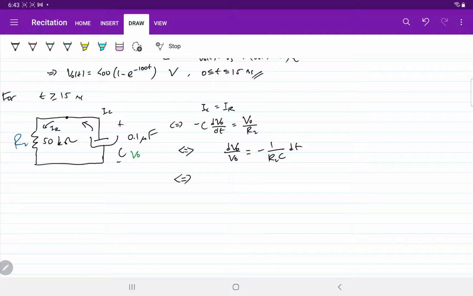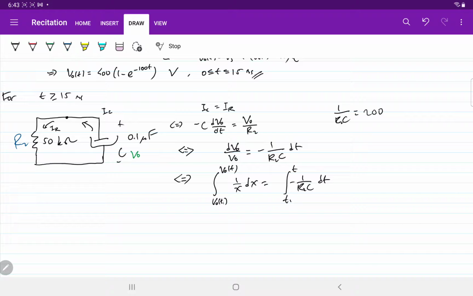We can use the same trick: integrate this from V0(t1) to V0(t) of 1/x dx, and the integration on the right from t1 to t of minus 1/(R2C) dt, where 1/(R2C) you can get by substituting 50k and 0.1 micro to get 200.